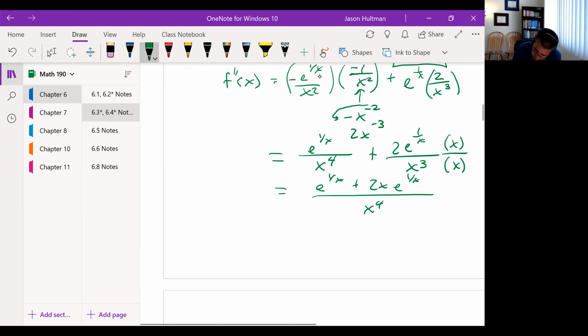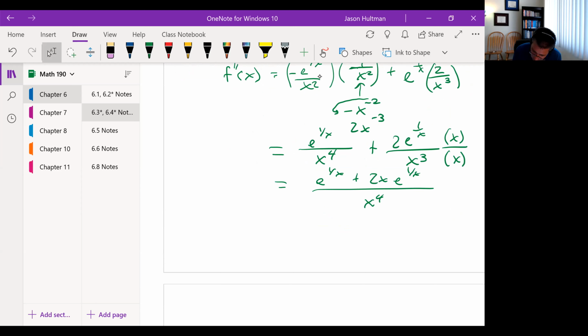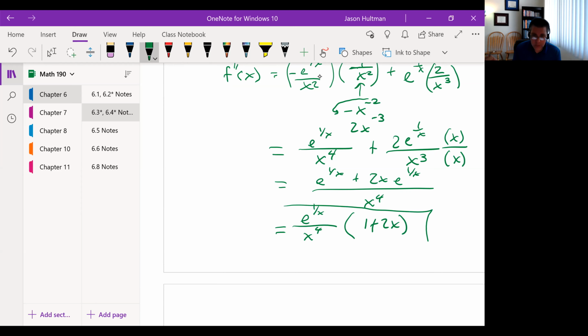Now I'm going to factor out what they have in common: e to the 1 over x, and I'm going to pull that x to the fourth out in front as well. When I factor all that out, I'm left with 1 plus 2x. You can rewrite that as 2x plus 1 if you wanted to keep it in descending order of power. But at that point, I'm done.